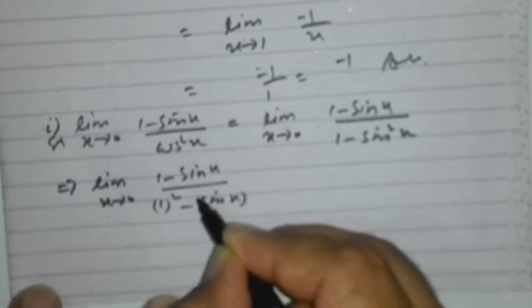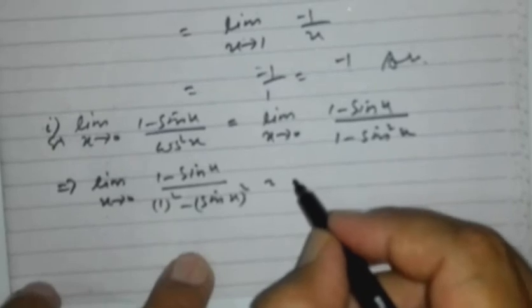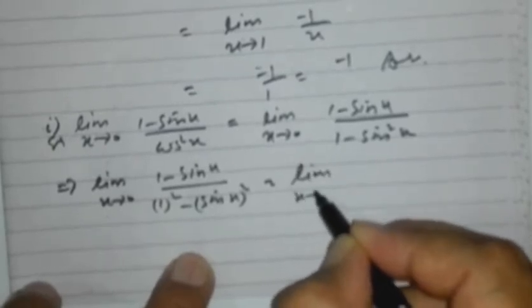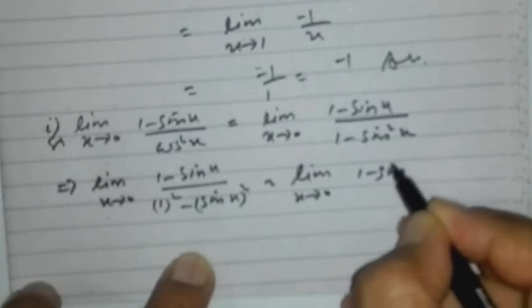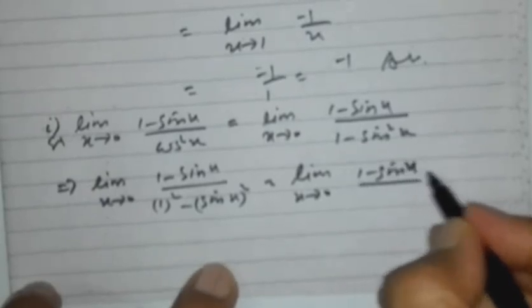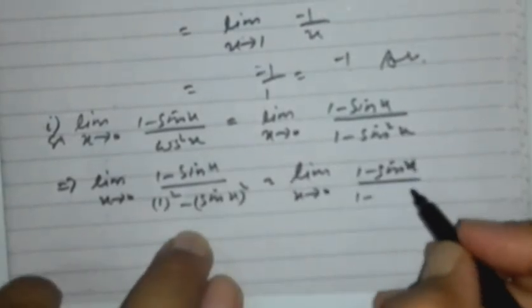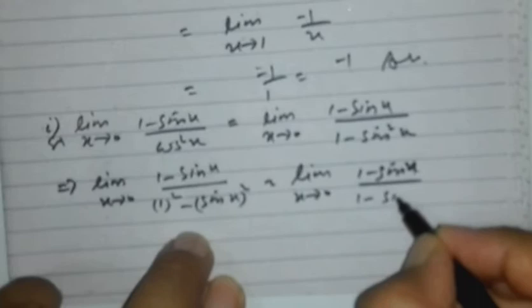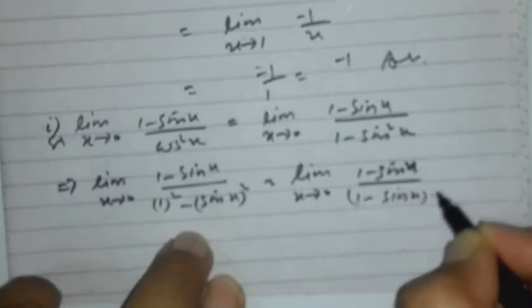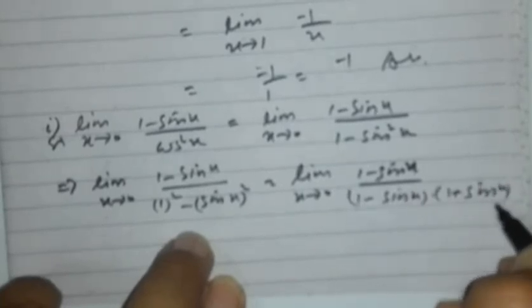Further we can write it as limit x tends to 0, 1 minus sin x, and this 1 square minus sin x square. Further we can write it as limit x tends to 0, 1 minus sin x divided by, a square minus b square form is this, so we can write it as 1 minus sin x into 1 plus sin x.